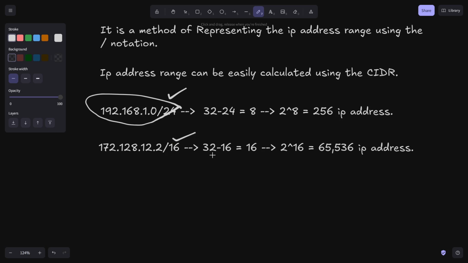That means the total number of bits is 32, and the given notation is /16, right? So subtract 16 from 32 and we get 16, then take 2 power 16, and we get 65,536 IP addresses from this given IP address.